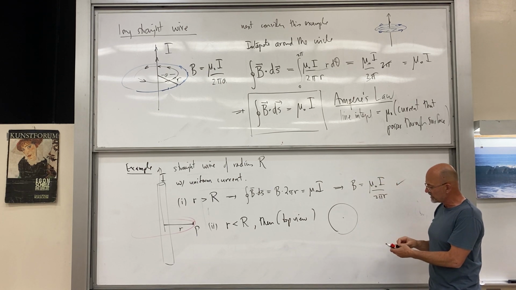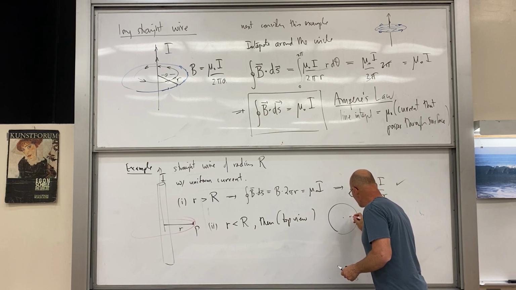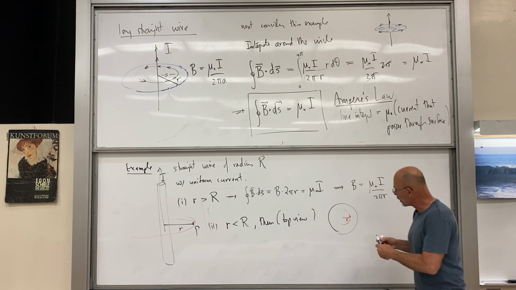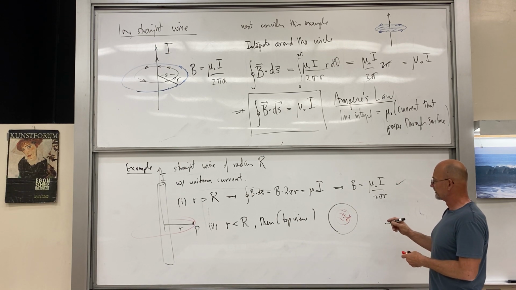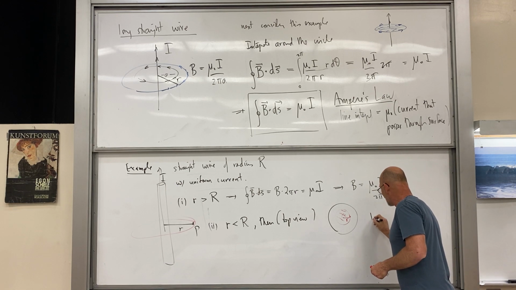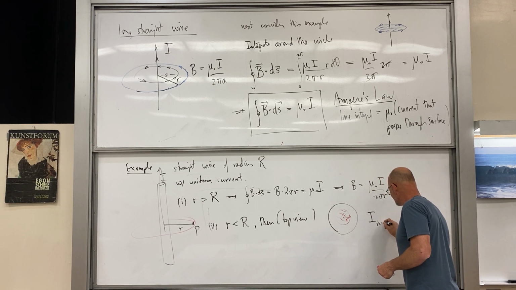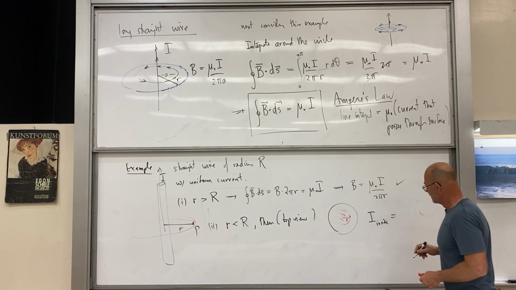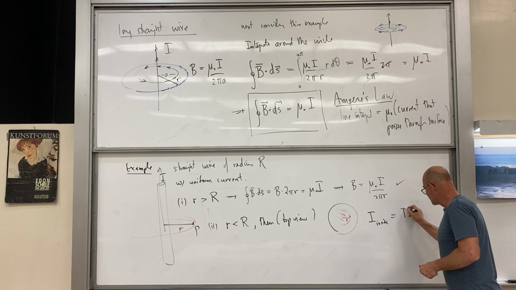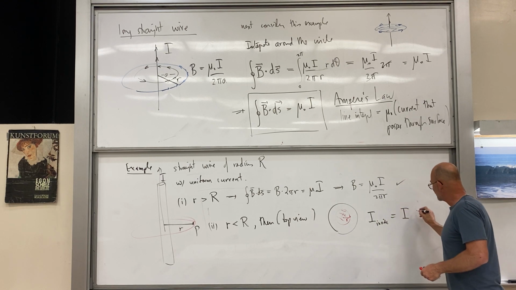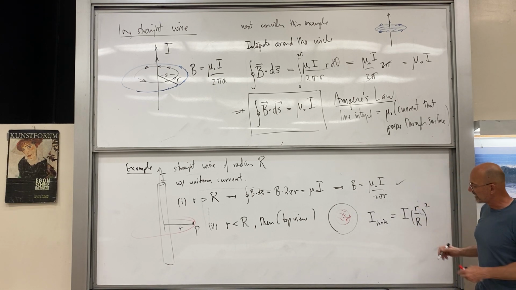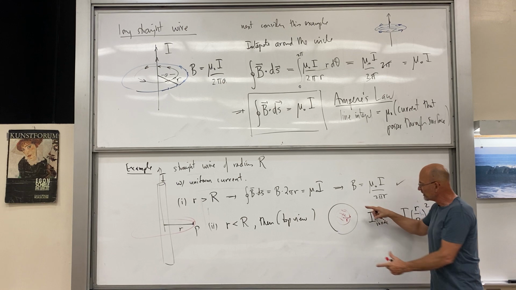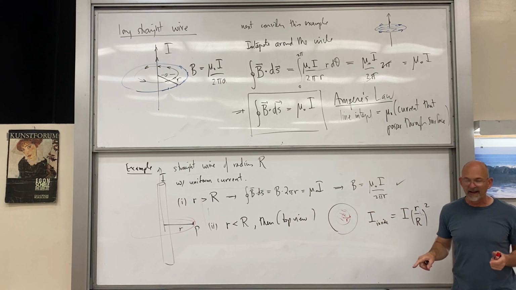I've drawn it larger here, and we're out here at this r right here, okay, and the current passing through this thing, we get I inside is going to be equal to the total current times r squared divided by capital R squared, because the area scales as the square of the radius.